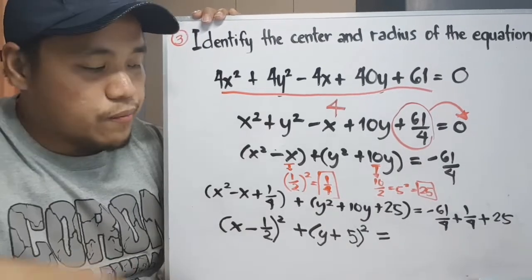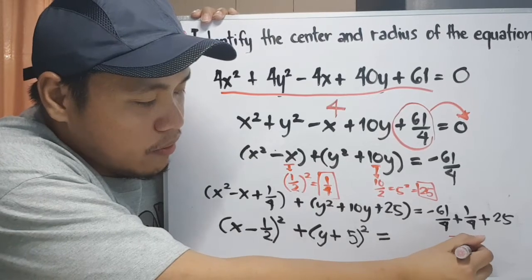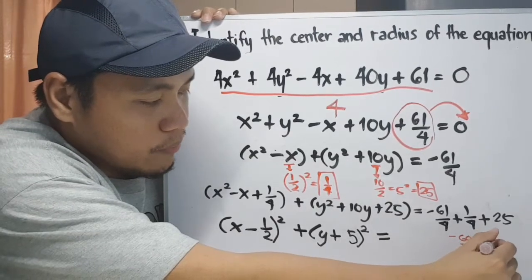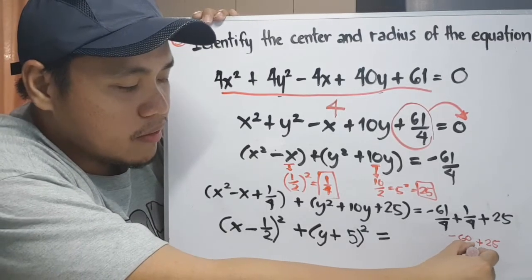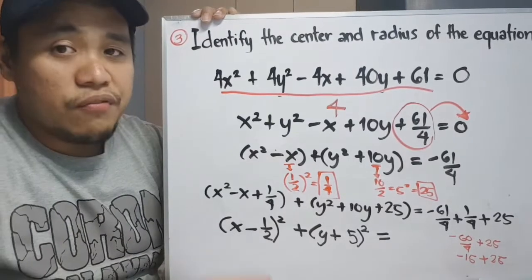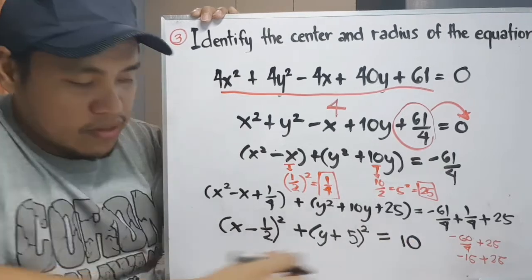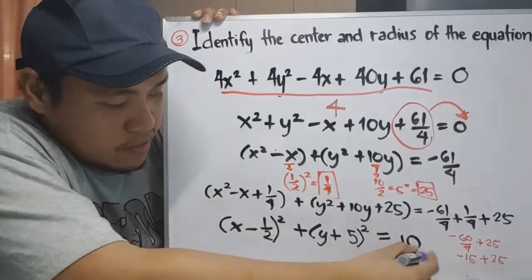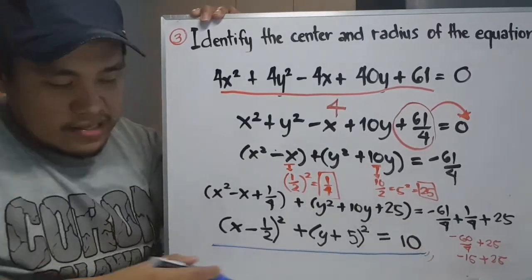That will give you the answer of negative 60 over 4 plus 25. And negative 60 over 4 is simply negative 15, plus 25. And negative 15 plus 25 is simply positive 10. So therefore, our standard form of the equation of the circle is given by this.